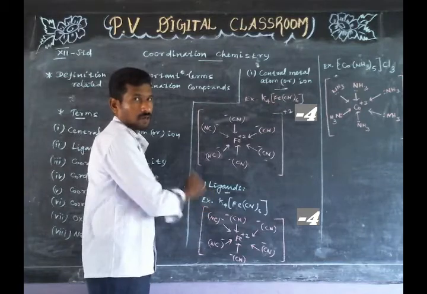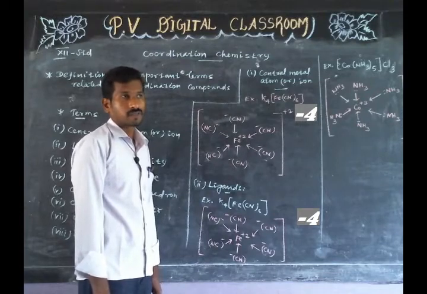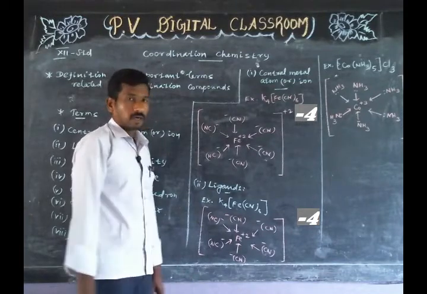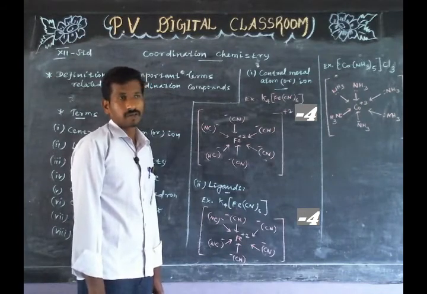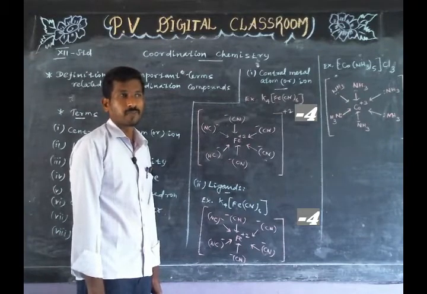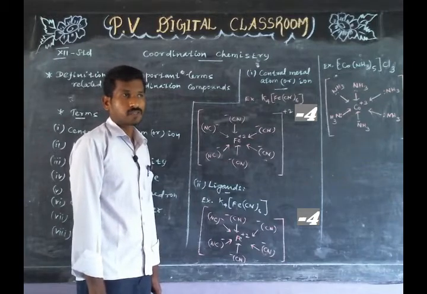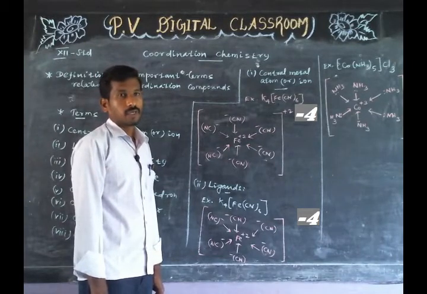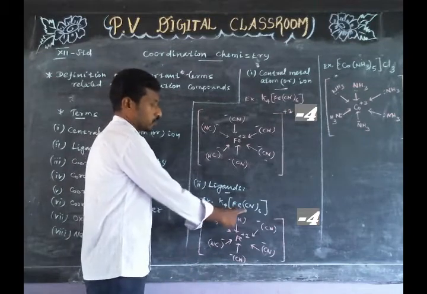Next, ligands. In coordination compounds, neutral molecules or ions which are directly attached to a central metal atom or ion are called ligands. They donate a pair of electrons to the central metal atom or ion. They are also called Lewis bases. Example: potassium ferrocyanide.